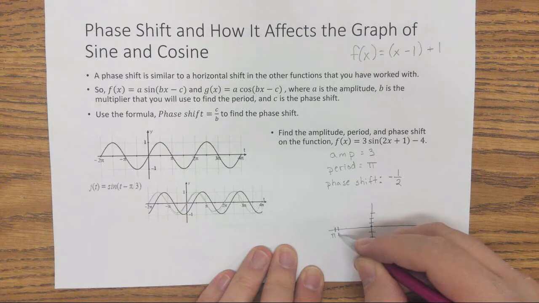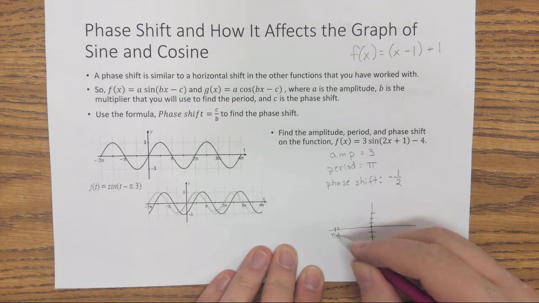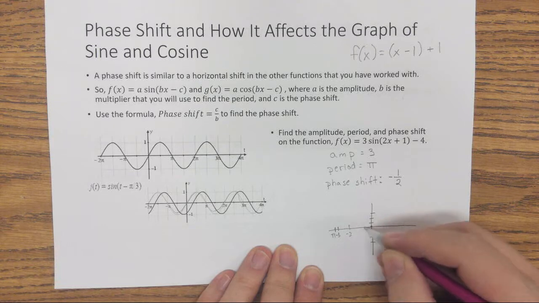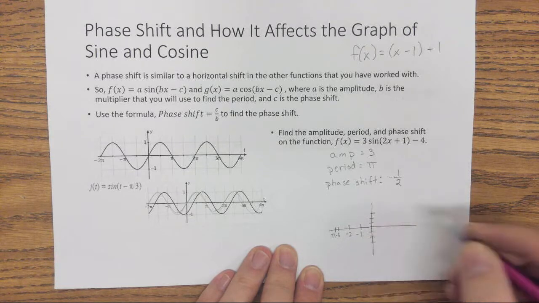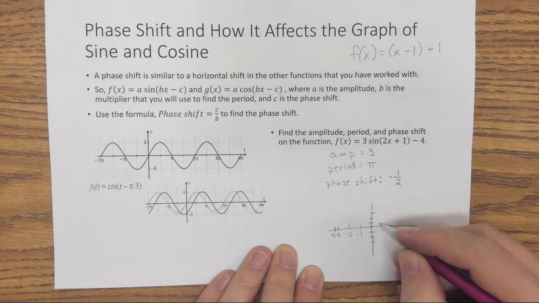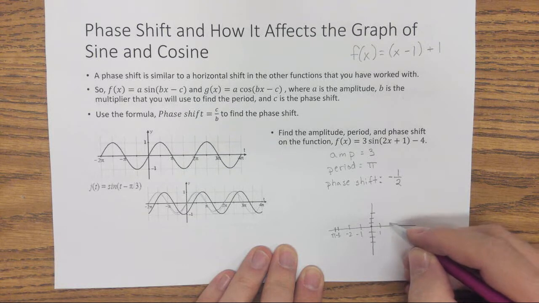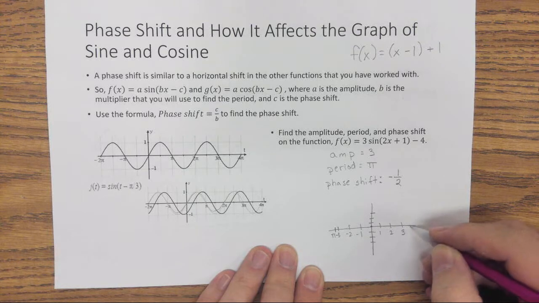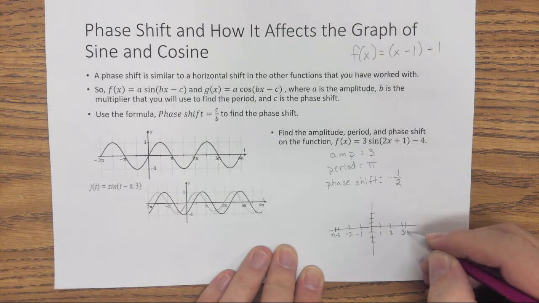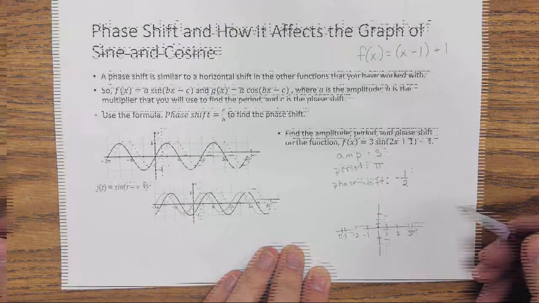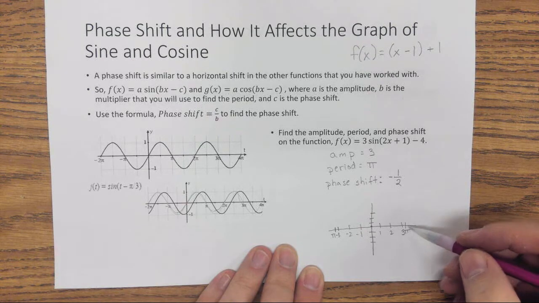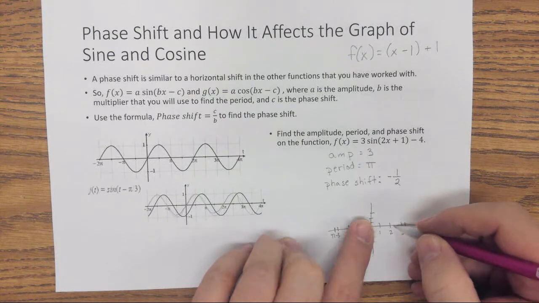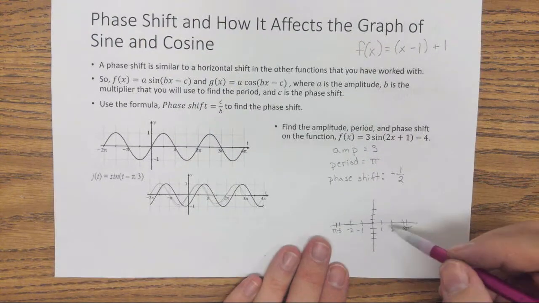Here's 3, -3 rather. Here's -2. Here's -1. Here's 1, 2, 3, and there's pi. Halfway between here and here would be pi over 2, but I'm not going to worry about that right now.